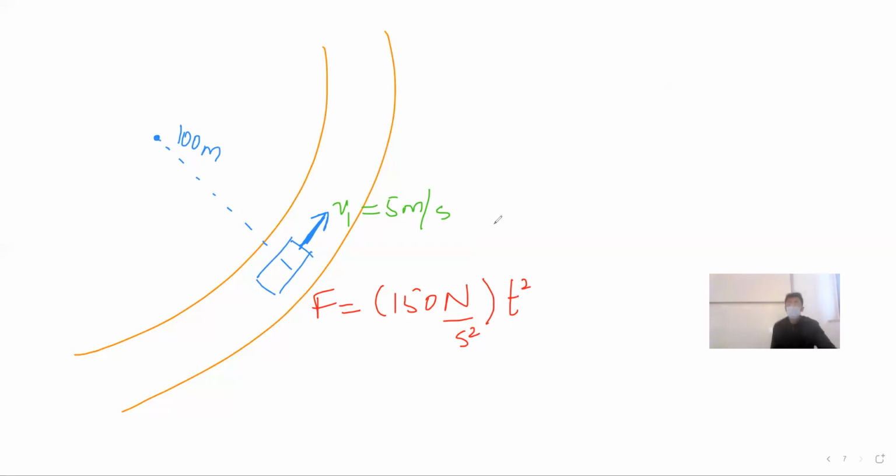The question says that right at this moment when the person put foot on the accelerator, his or her velocity was 5 meters per second. Very nice question. Find V2 after 5 seconds.